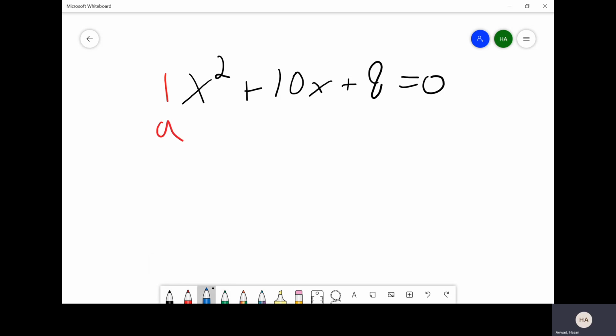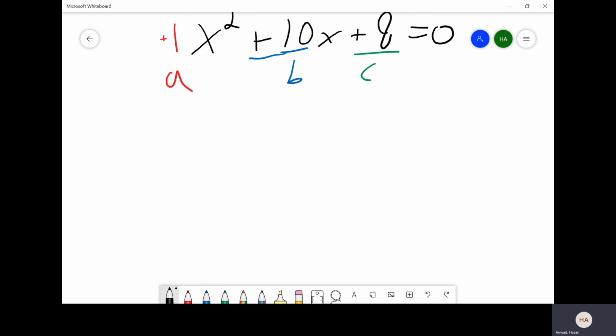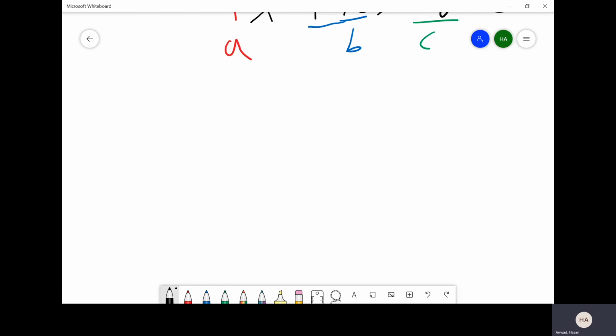B is going to be my 10, and C is going to be my positive 8, right? And I really should have specified, I'm sorry, that this is a positive 1, this is a positive 10, right? A plus 10, and C is a positive 8. So we have no negatives right now. Okay, let's go ahead and plug into our formula, right?